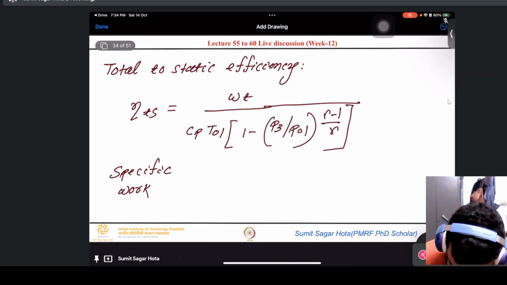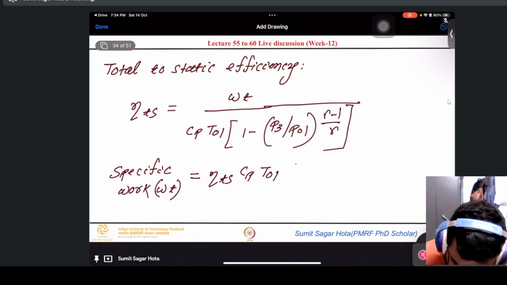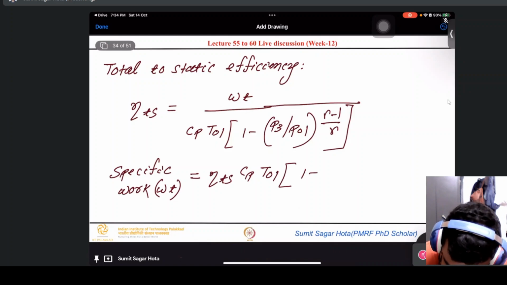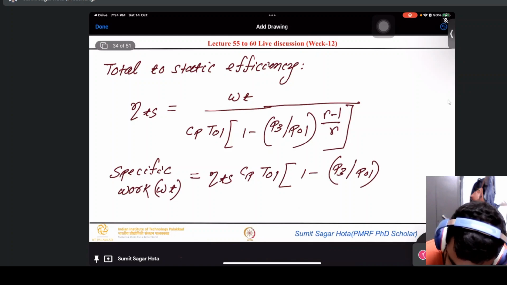Specific work WT equal to eta_ts Cp T01 [1 minus (P3 by P01) to the power (gamma minus 1) by gamma].